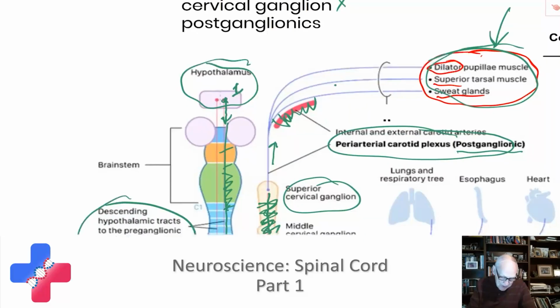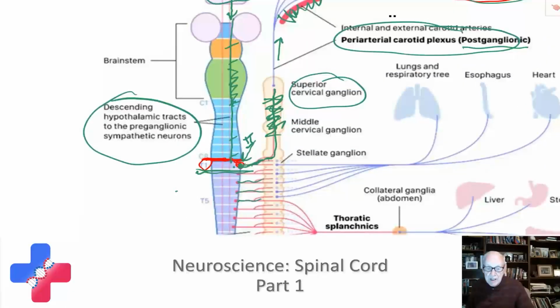Neuron 2 begins here with the preganglionics in T1, and neuron number 3 is the postganglionics there in the chain. So again, I just wanted to give you that brief overview so that you'll have a concept of what we will say many times in the following days about Horner lesions in cord or brainstem.